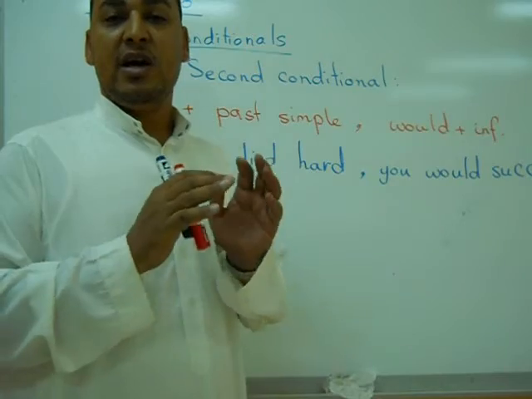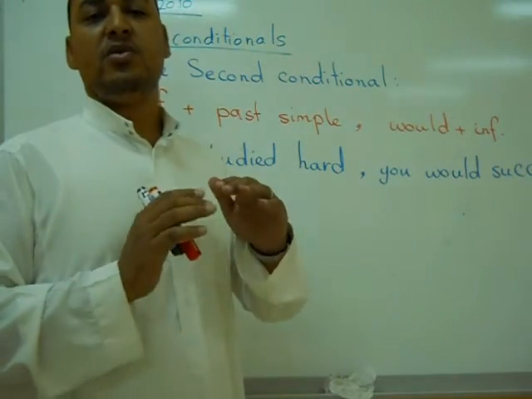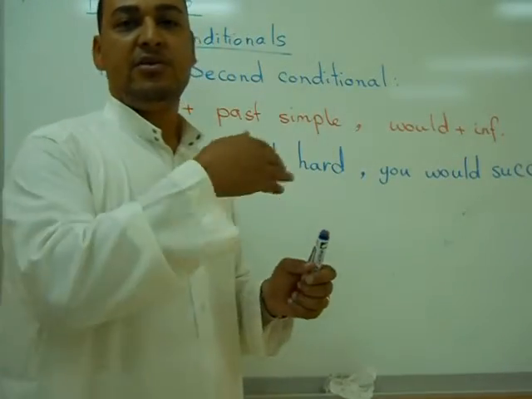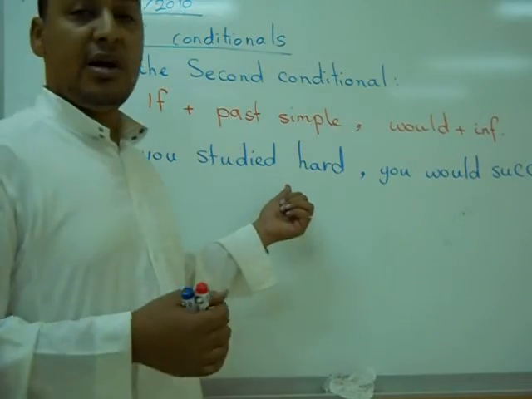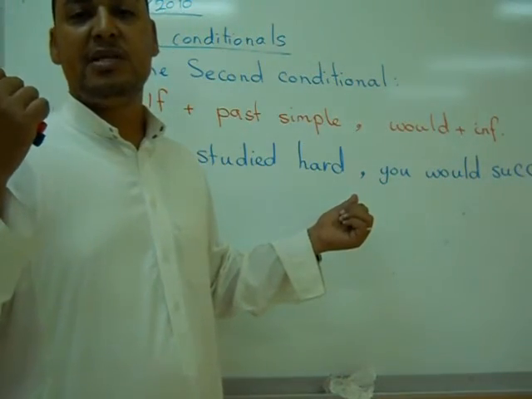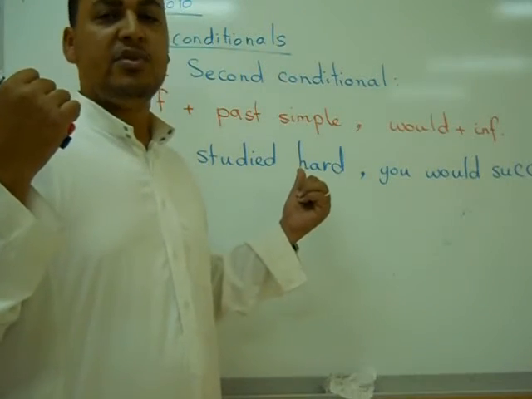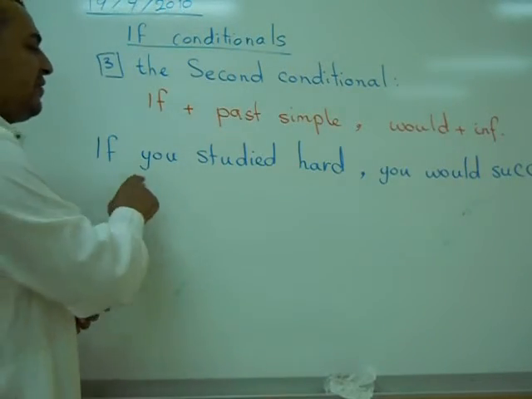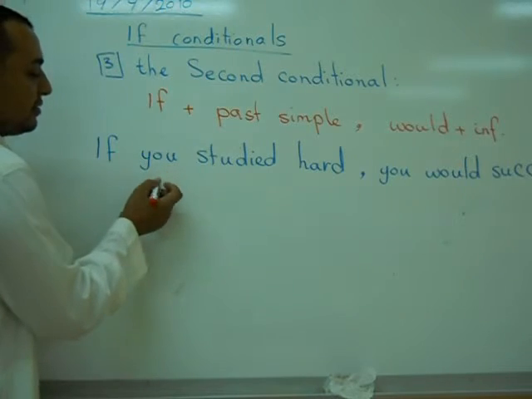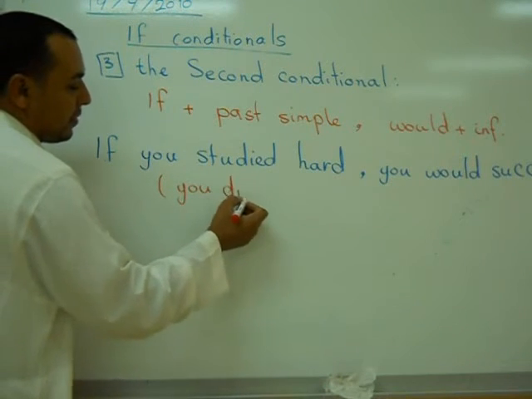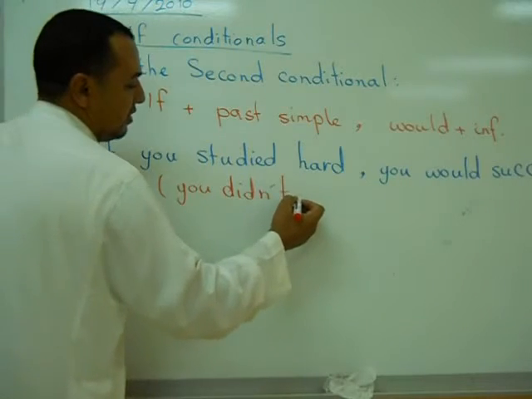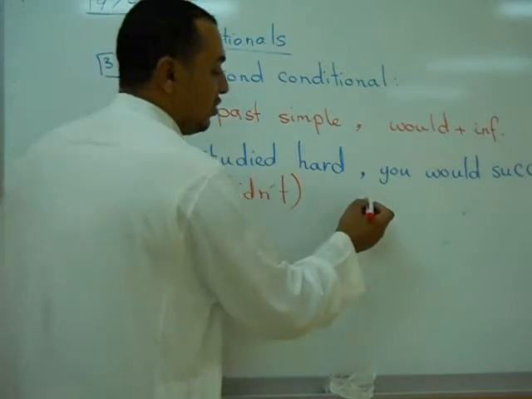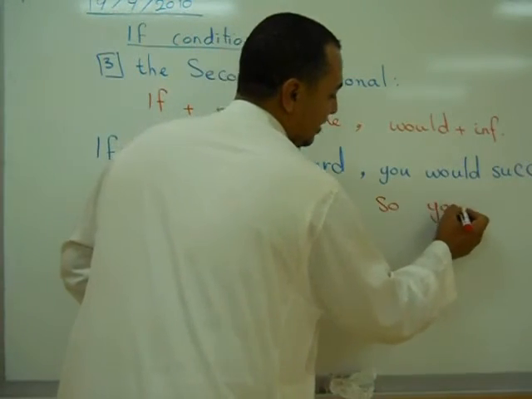But instead of the first year, you would be in the second year. You would pass the year, you would transfer from one year to another. So if you studied hard, it expresses impossibility, because it is in the past tense. If you studied hard, but you didn't study hard, so you didn't succeed.